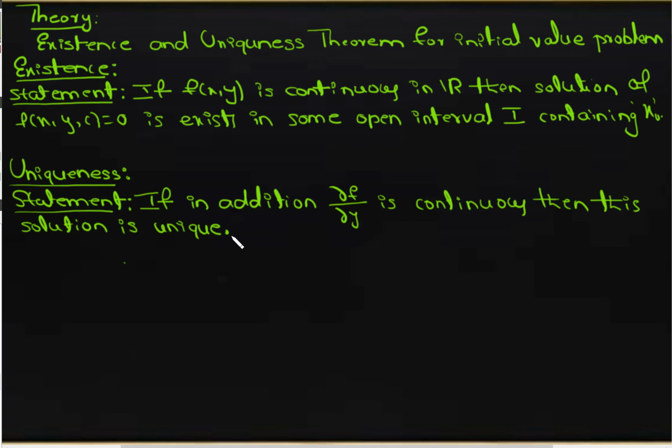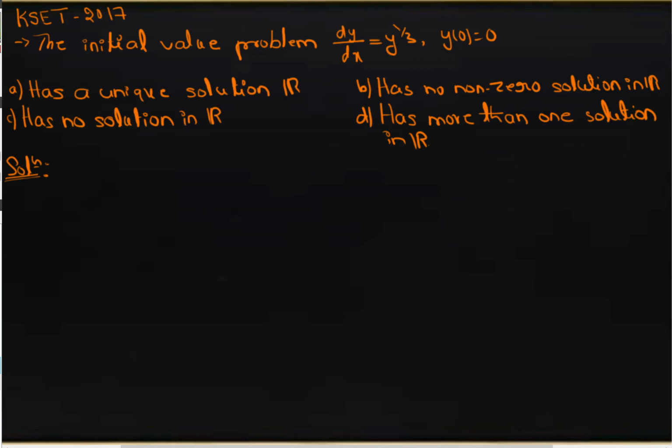Okay. Now come back to that example. Now you see, in the first case, I will let f is equal to y to the power 1 by 3, and the initial condition is y of 0 is equal to 0.